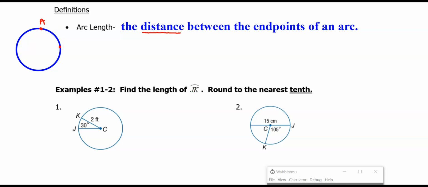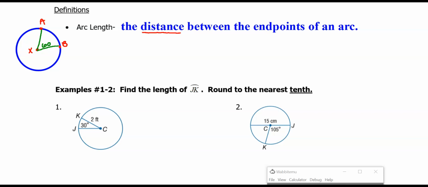So for example, what if I have a circle here at X? This could possibly be, say, 60 degrees. The measure of an arc AB would be 60 degrees, but the arc length is the fraction of the circumference distance. So here is a formula I have for you to find the arc length.